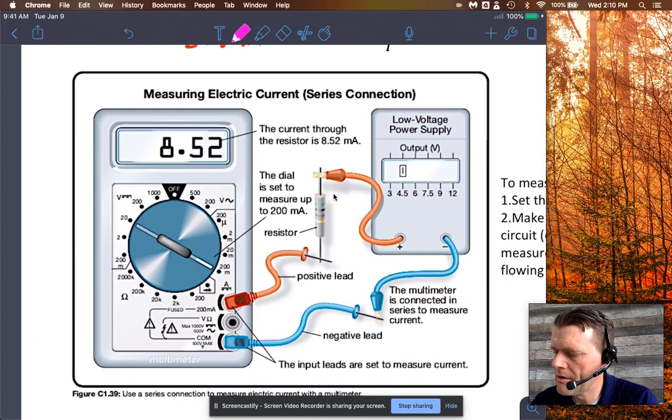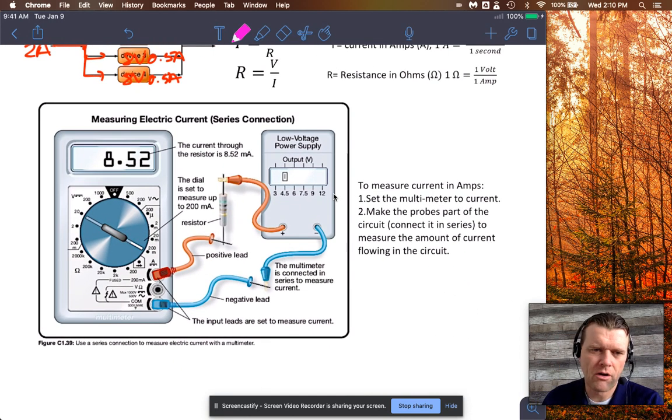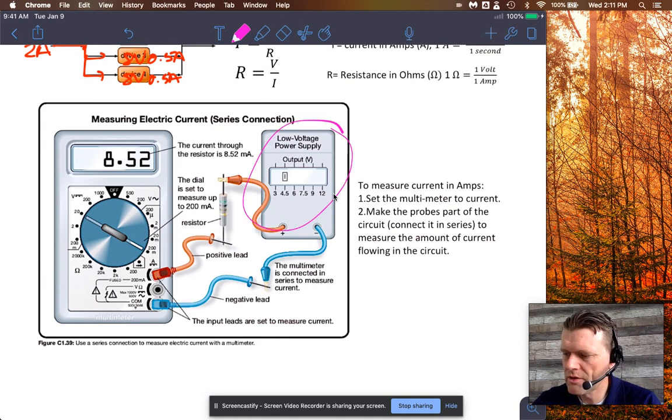To measure current, as it says, we need to set the multimeter to current, and then you need to make the probes part of the circuit. So this here is just a power source.